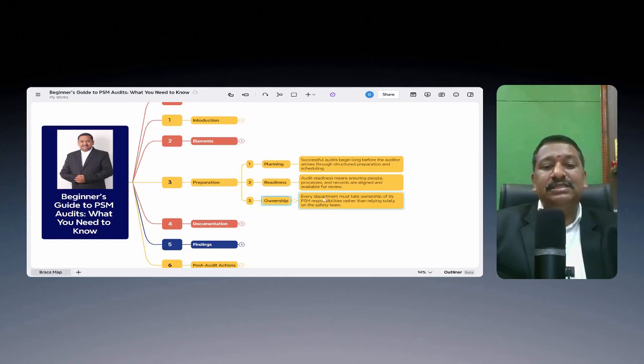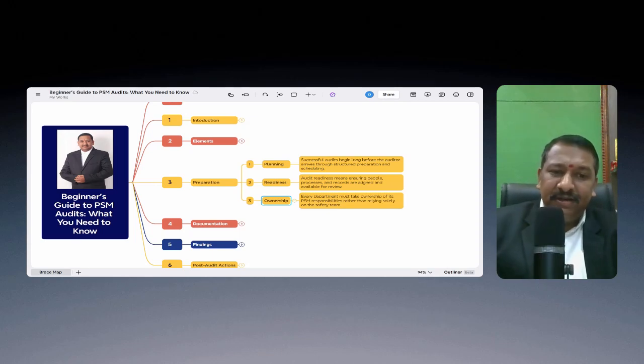Then the third element is ownership. Every department must take ownership of its PSM responsibilities rather than relying solely on the safety team. In most cases, the PSM audits are done by the safety team, but is it the responsibility of the safety team?